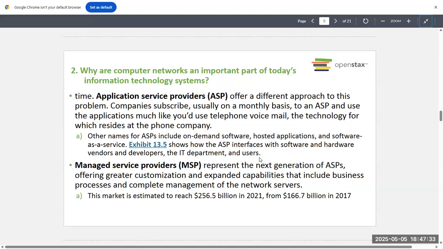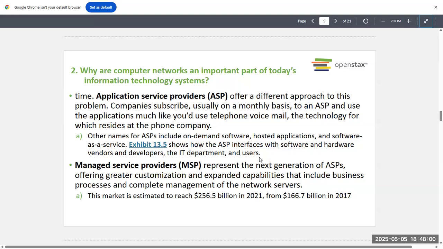Like you have access to Microsoft 365 through Chafee, because they have bought a subscription to this application service provider. Or the Adobe subscription, you also have access to that through Chafee, because Chafee bought all of that.